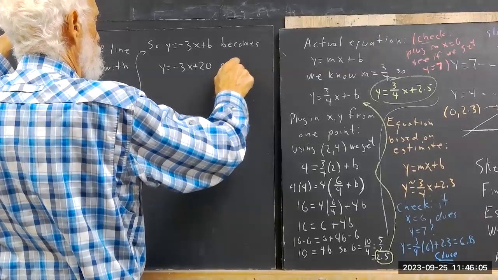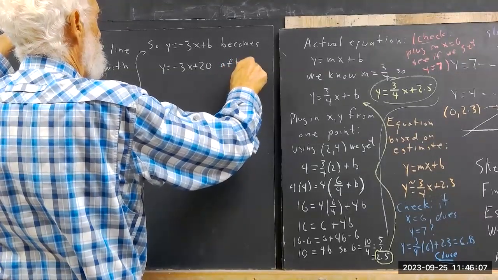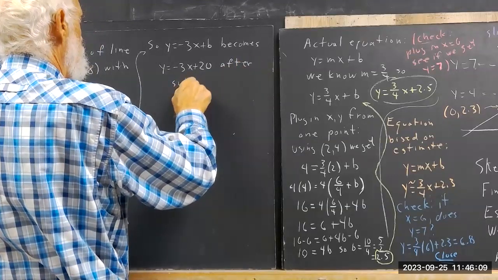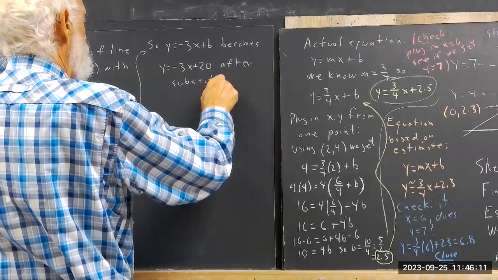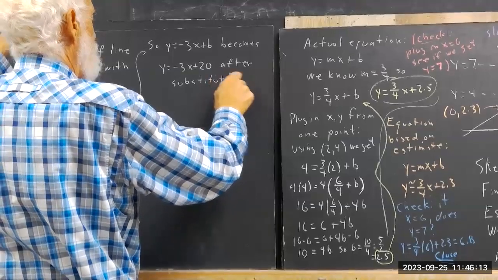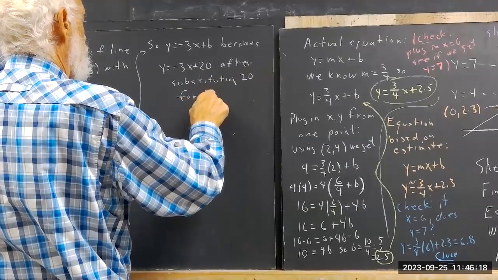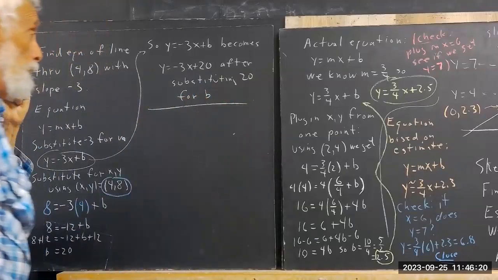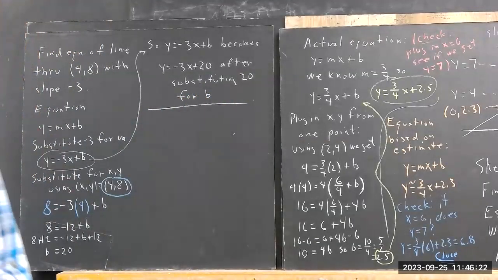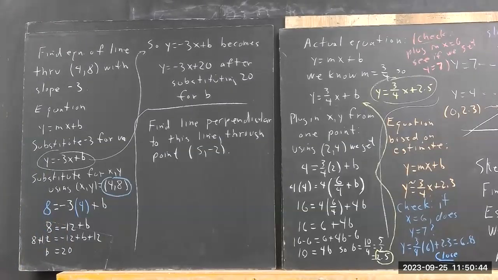And just to be really clear, this is after substituting 20 for b. Okay.